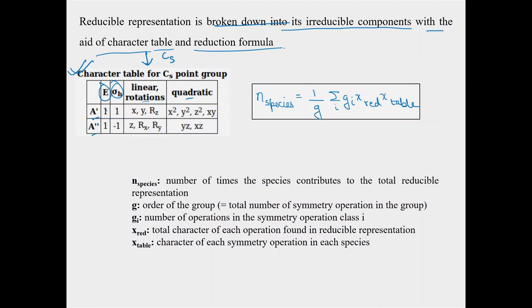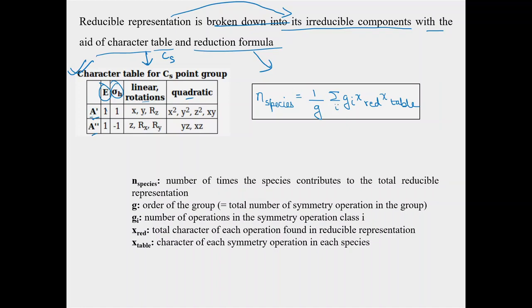And this is the reduction formula by which we can break down this reducible representation into its irreducible components. The formula is n species equals 1 by g, summation over i of g i, chi reducible into chi table. By species here we mean A dash and A double dash.